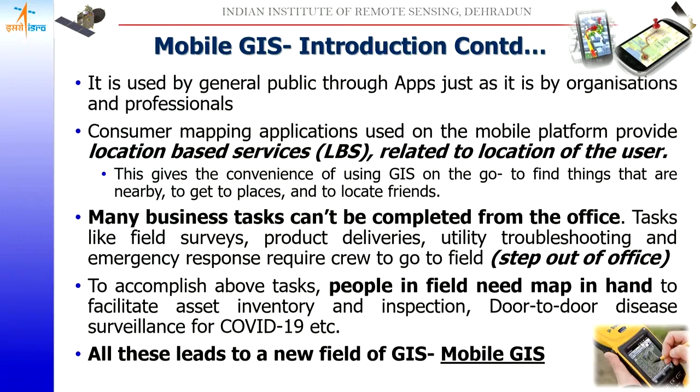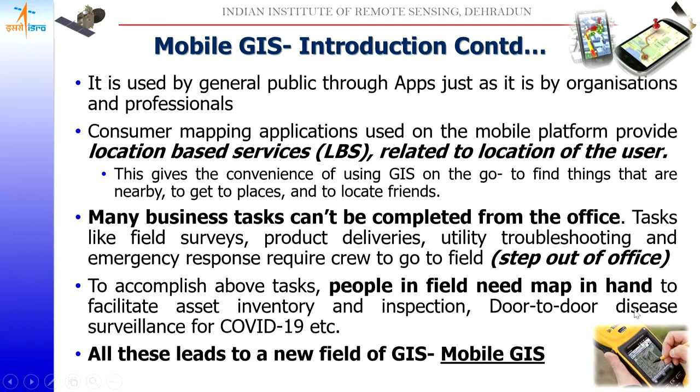And also as I said, there are some tasks that can't be completed from the office. So instead of using a paper and pen based method, which is quite tedious, and also there's a chance of error, mobile GIS is being used, and this is quite useful because people want to have a map in hand. So in case you want to do some asset inventory, identifying the COVID quarantine centers, how many people are there, and so on, inspections.